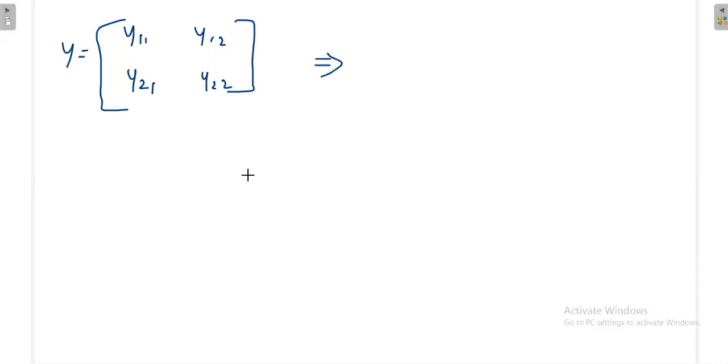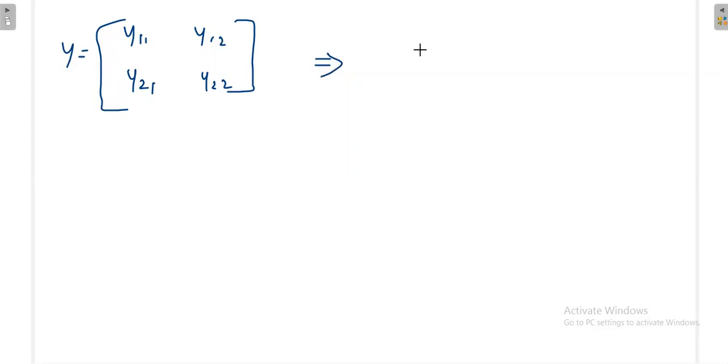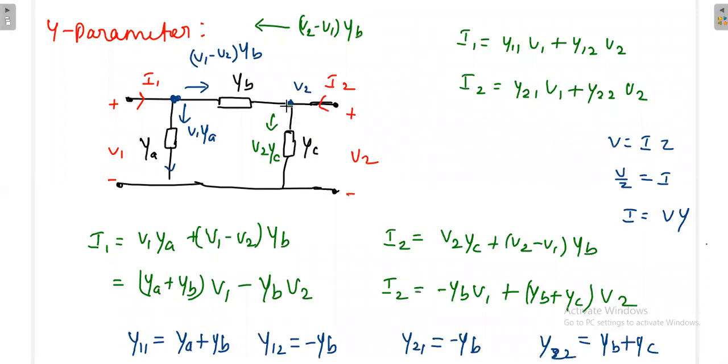Here in this case, it is simply the pi model network, but for any network you could have got this, and finally you can represent it in a pi model. Again, the performance of this network will be the same as the performance of the original network. In general the network could be anything; for any network you can get Y.